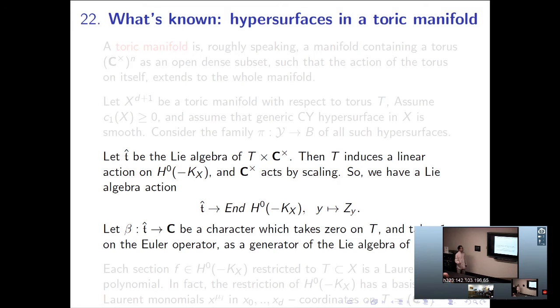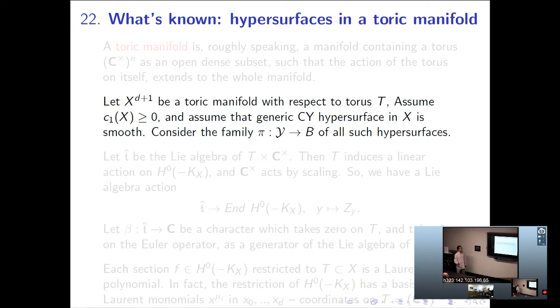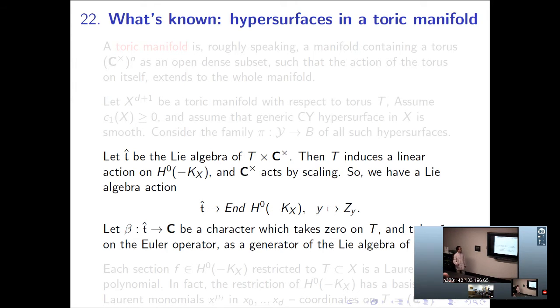Now I'm going to describe a system of equations for pure integrals of this family, and for this purpose, let's introduce a few notations. Let's denote the Lie algebra of the torus cross with C star by T hat. Because we have a torus action on the section space, and the C star acts by rescaling, the Lie algebra T hat also acts on the section space, which we can represent by a first order differential operator G sub y.